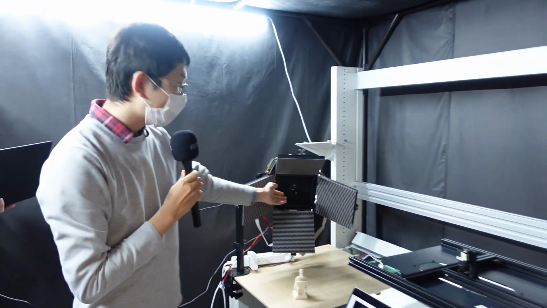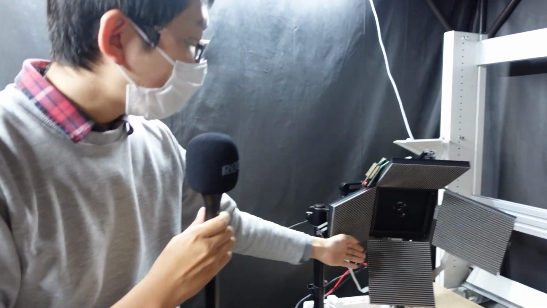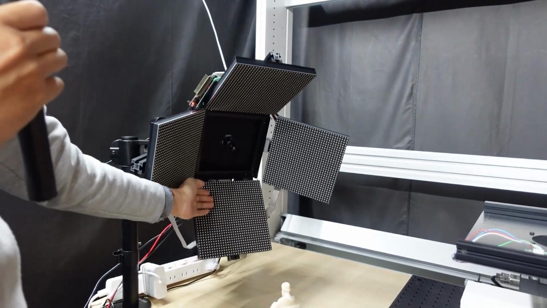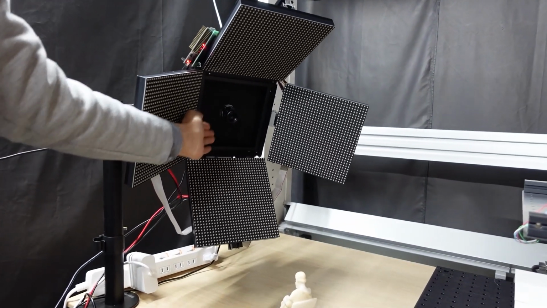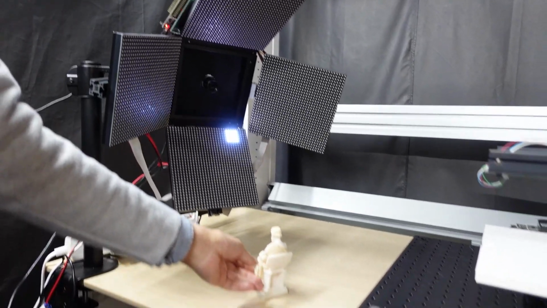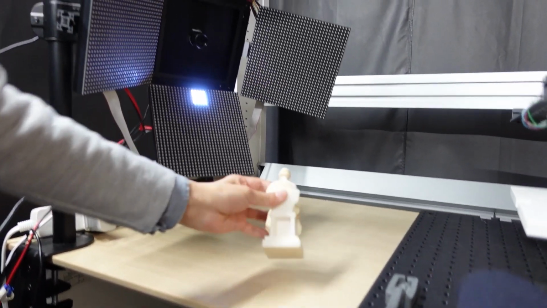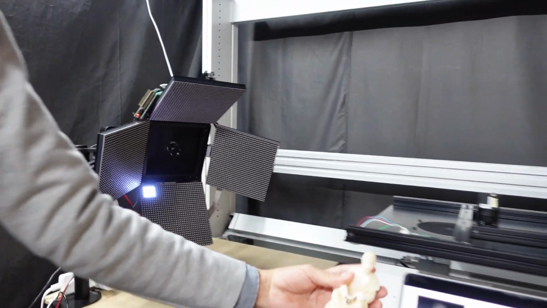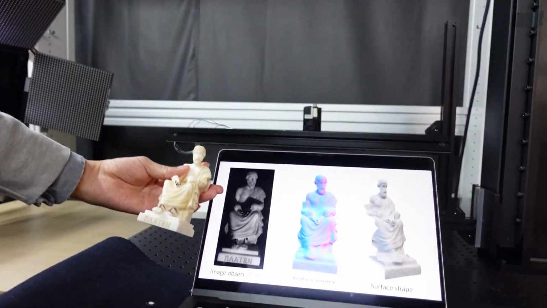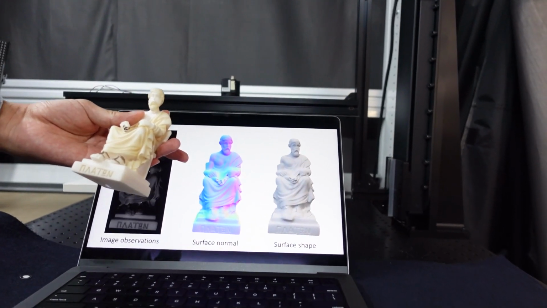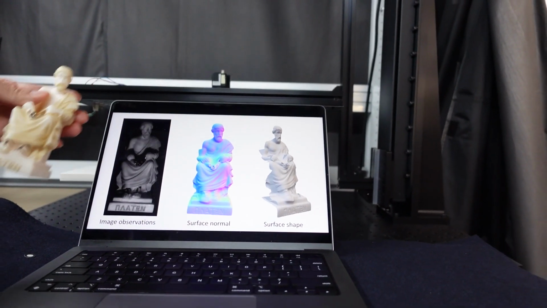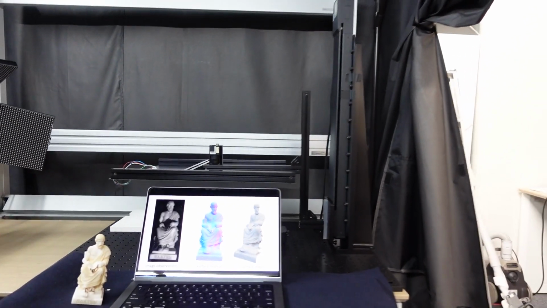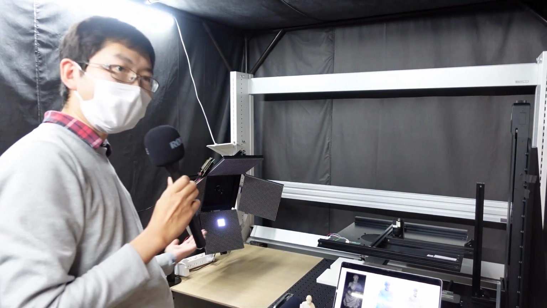So we have a camera and the LED light source. By controlling the LED and the camera, we can illuminate this object, you can see here. So taking these images as input, we can recover the object shape and reflectance. So we welcome you to join us and have fun in this dark room.